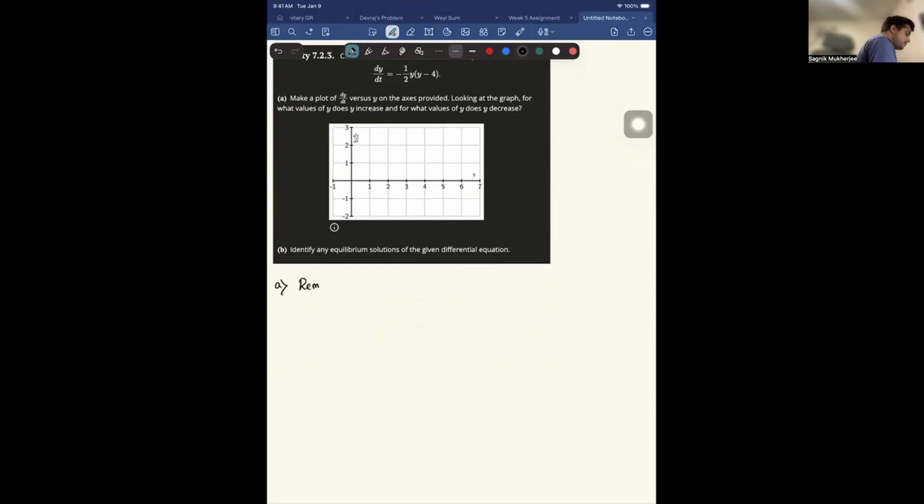Remember, if dy/dt at t equals a point A is positive, then y is increasing at A. If it is negative, then y is decreasing at A. Okay.